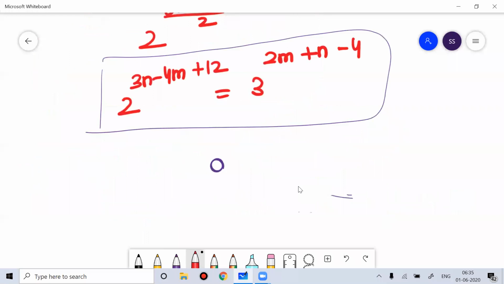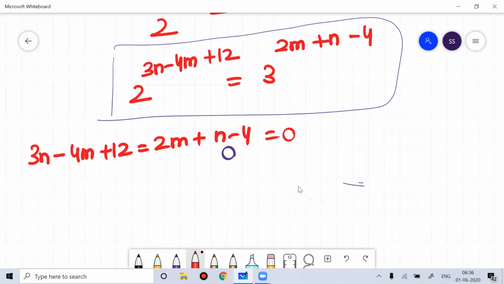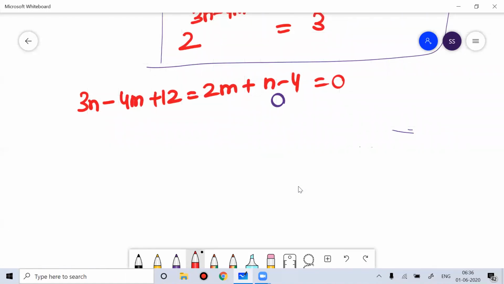So it means 3n minus 4m plus 12 is equal to 2m plus n minus 4 is equal to 0. Okay, so I can solve this equation. You can create multiple equations and then ultimately you need to solve it.